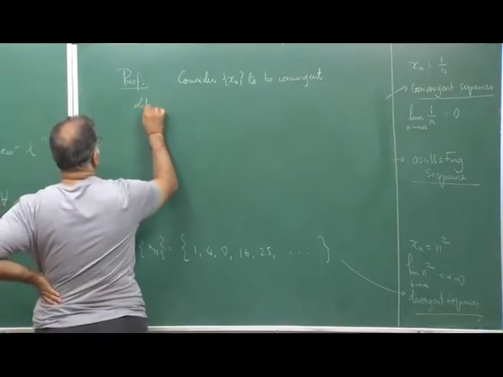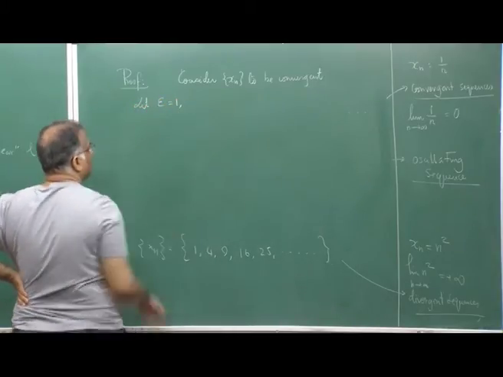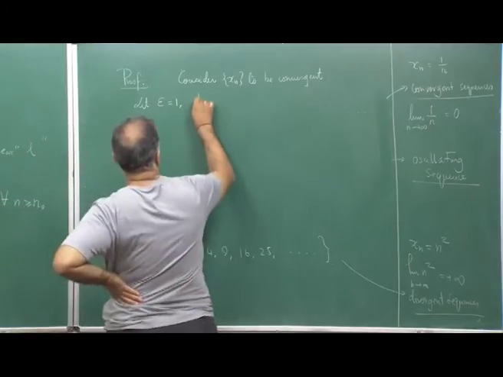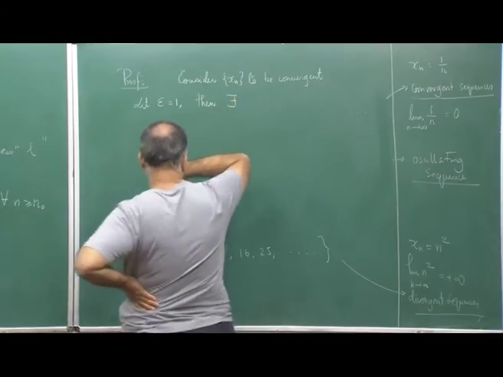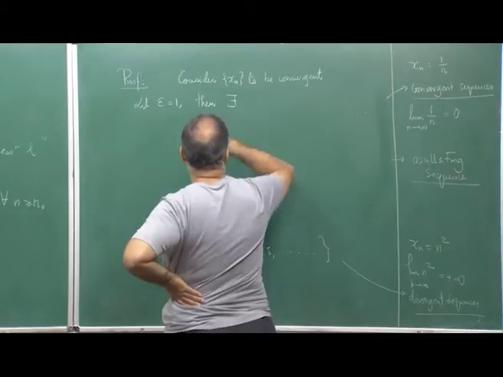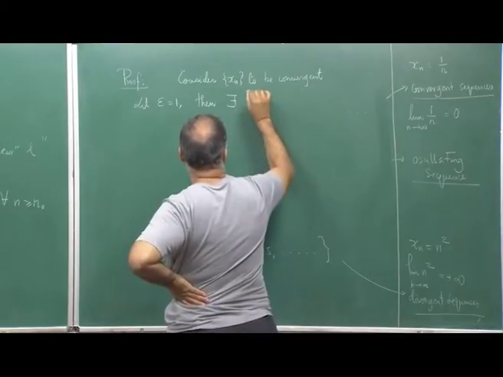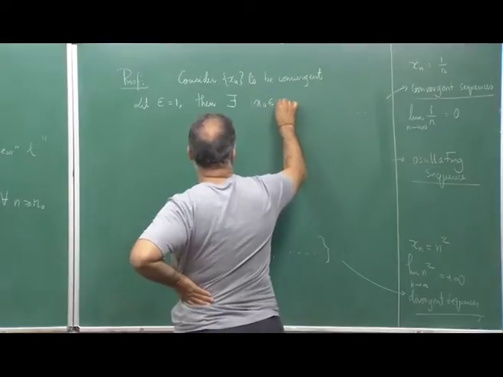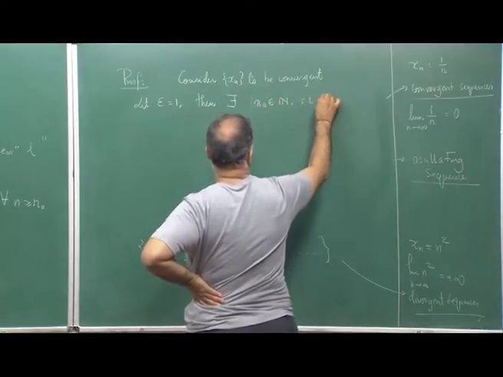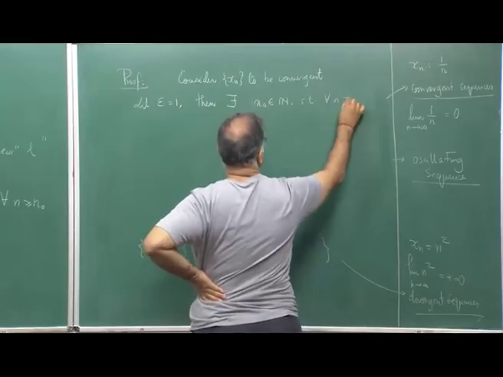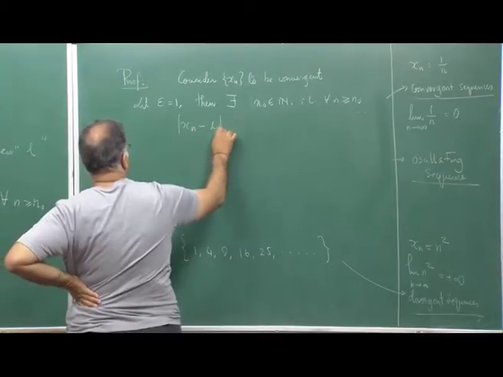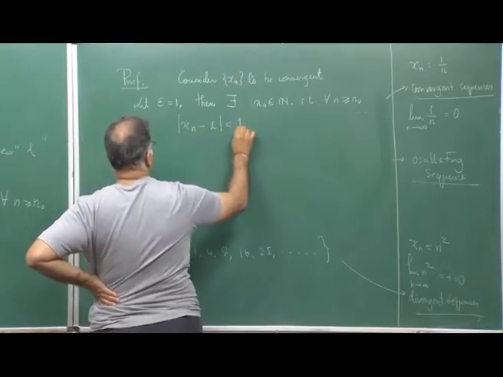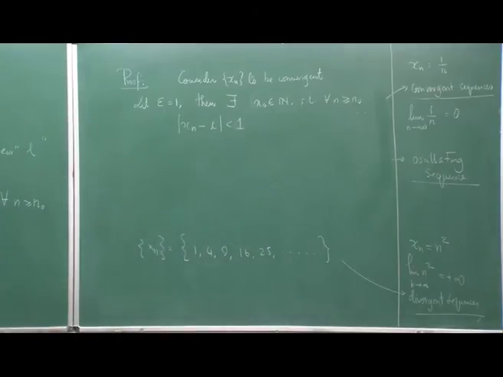Let epsilon be equal to 1, then there exists n naught, an element of N, such that for all n bigger than this n naught, mod xn minus L is less than epsilon, less than 1. Okay.